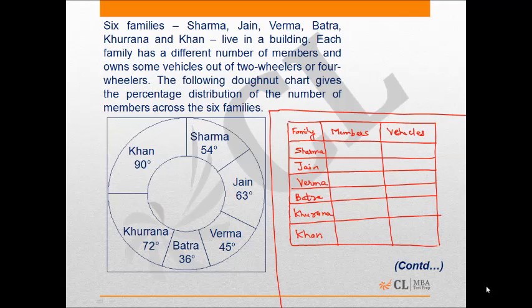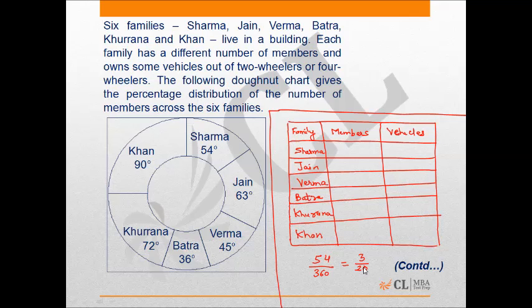So let's say if I calculate for Sharma as a fraction of the total members of all the 6 families together, the fraction for the Sharma family would be 54 by 360, which, if I simplify, is 3 by 20. So the Sharma family would be 3 by 20 of the total members.